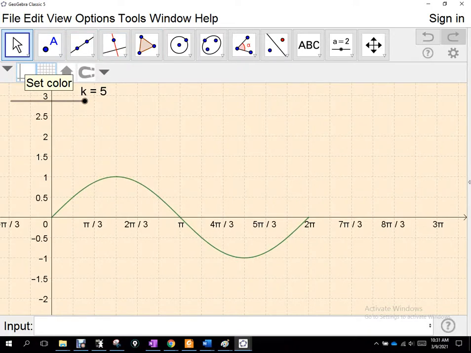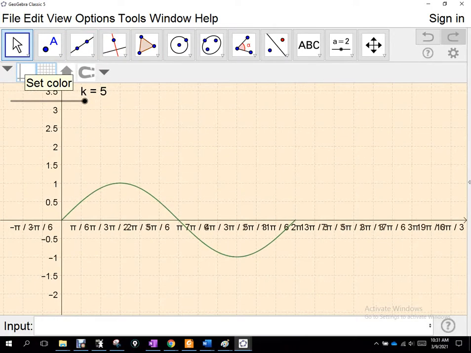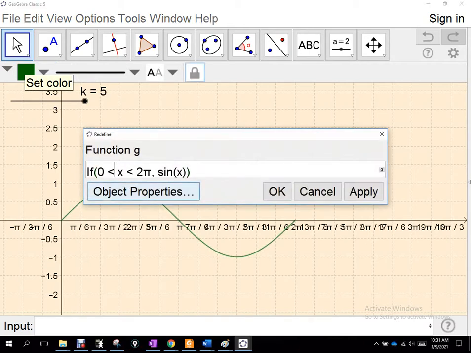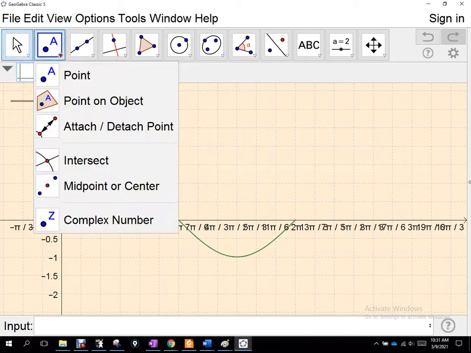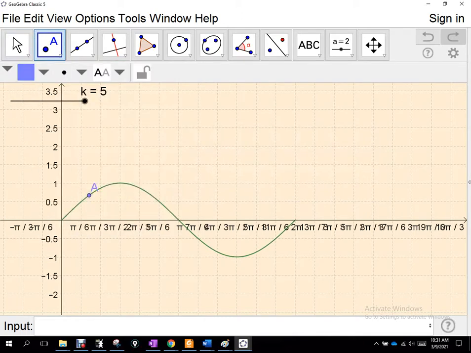Okay, so if I look at that sine function right there, would you guys agree that this point right here looks a lot like that point right there? And really right now those are the only 2 points that are the same. Okay, and actually I think I can do it this way. Good. Okay, so let me put a point on here.